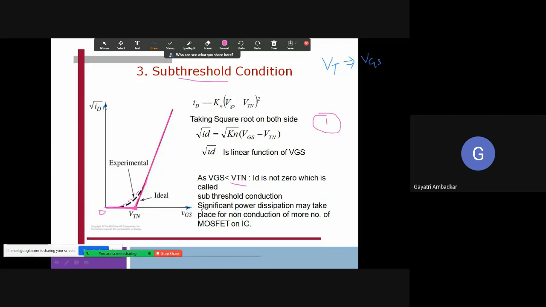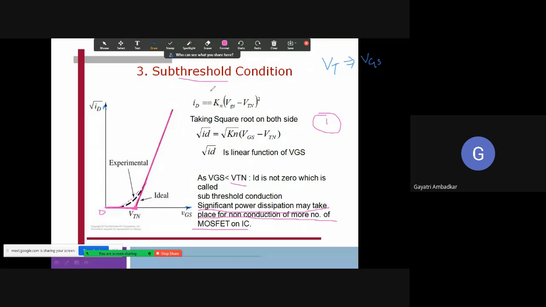Even though the MOSFETs are not conducting, significant power dissipation may take place in the non-conduction of a large number of MOSFETs on an IC. This is called subthreshold conduction. What is subthreshold conduction? Even when VGS is slightly less than VT, current flows in the MOSFET, and that current is negligible. This is called subthreshold conduction.